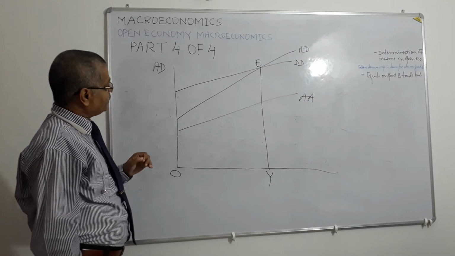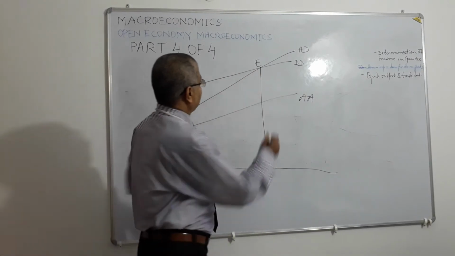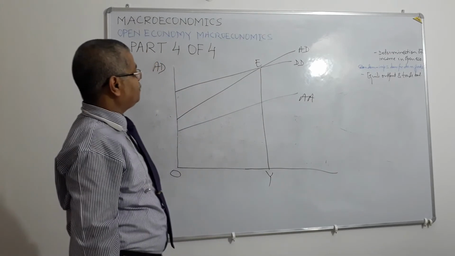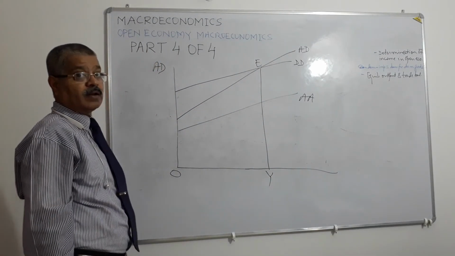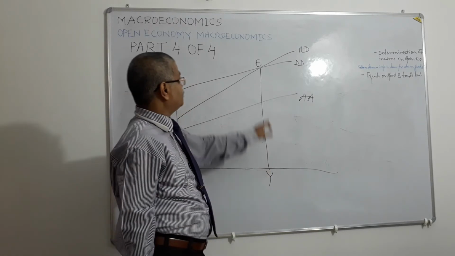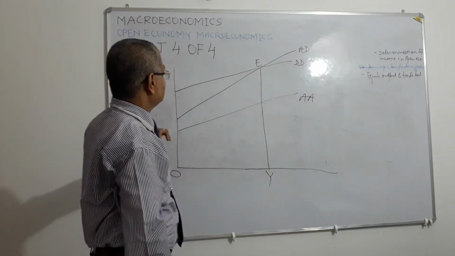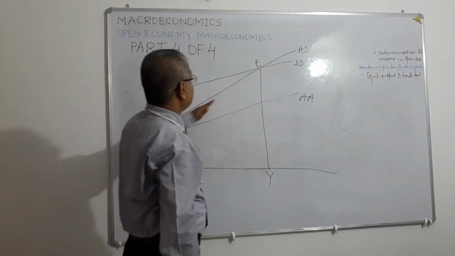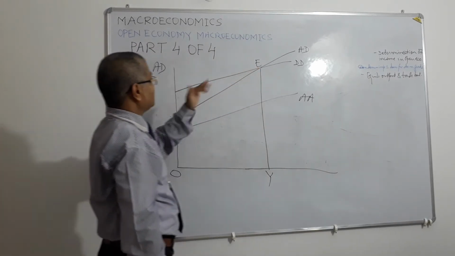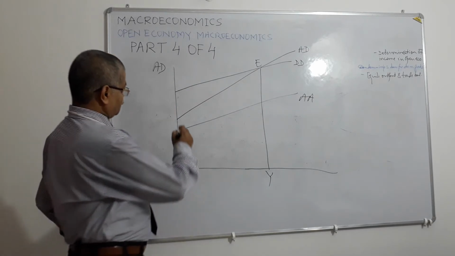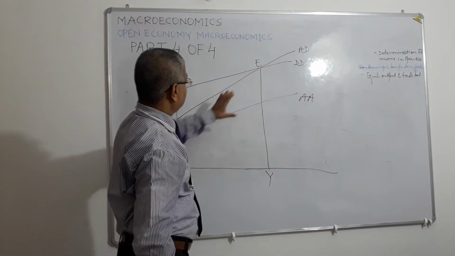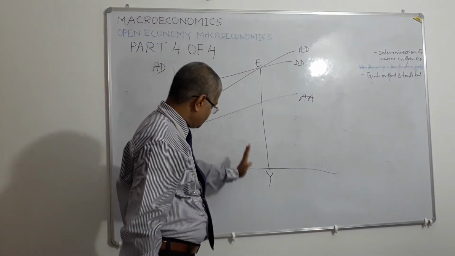And you will find that at this point, equilibrium point, exports and imports are equal. There is a trade balance. At the Y level of domestic income, there is a trade balance because DD and AD intersect at E. So here the difference keeps on increasing, but here is the equilibrium.